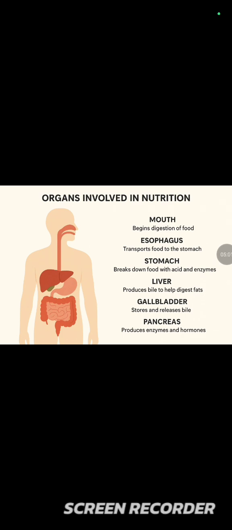And then the pancreas. The pancreas contains multiple juices. Pancreatic amylase converts starch into maltose, trypsin breaks down protein into peptides, and pancreatic lipase helps you digest the fat molecules.